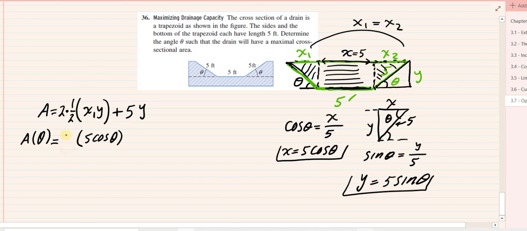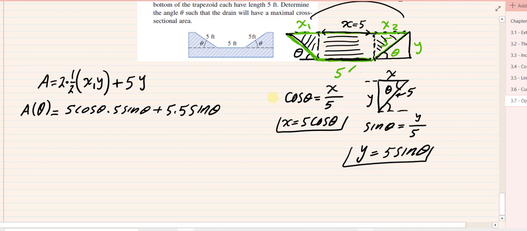So this is just going to be x times y, which is 5 cosine theta times y, which is 5 sine theta, plus 5 times y, that's 5 times, again, 5 sine theta. Make my 5 look like S.